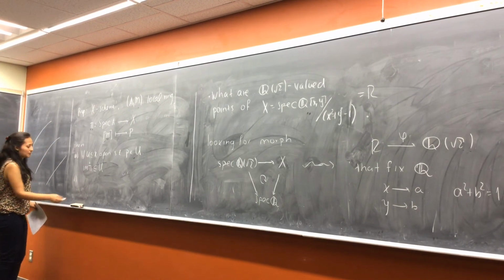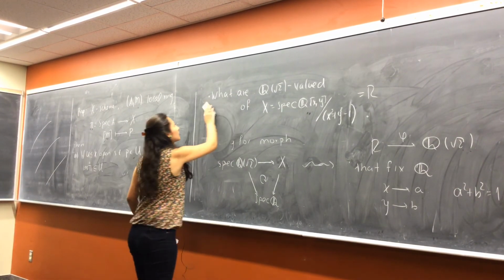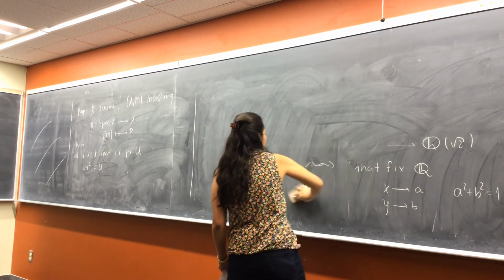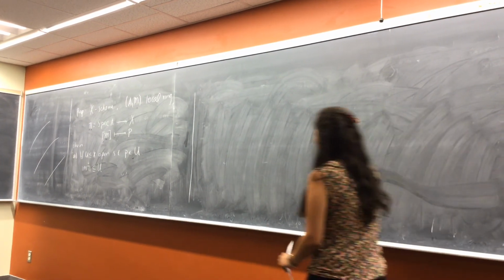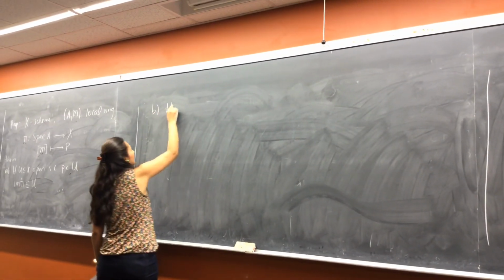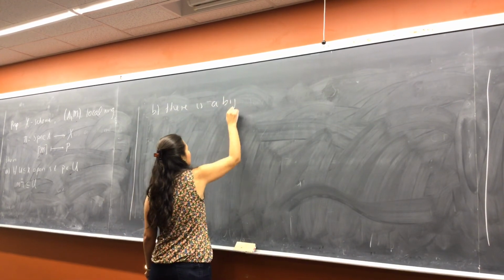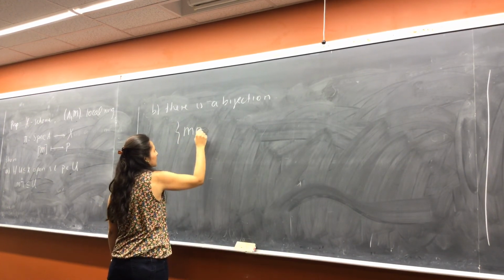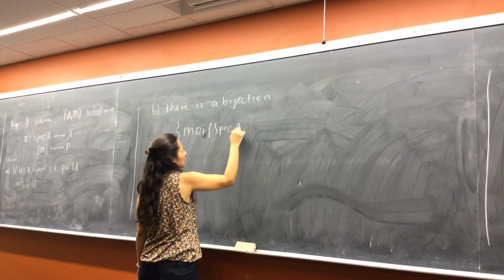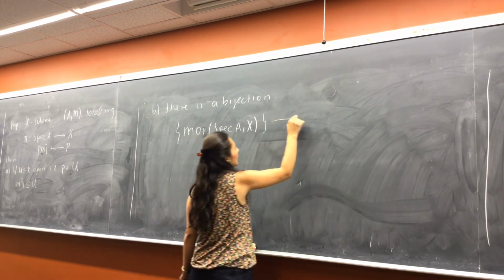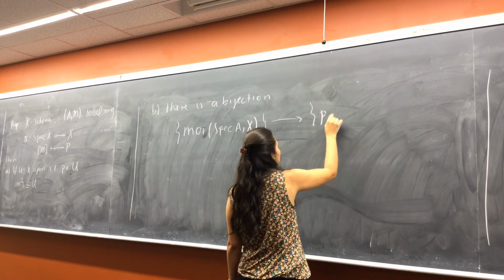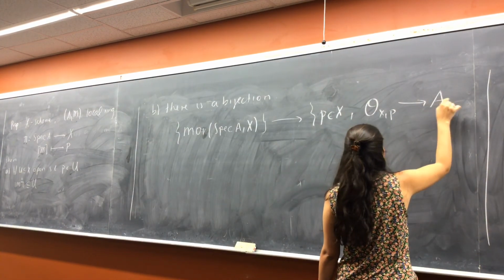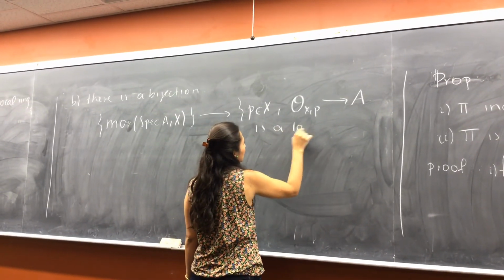And the second thing, which I don't have space here, is that there is a bijection between morphisms from Spec A to X and points in X such that O_{X,P} to A is a local morphism.